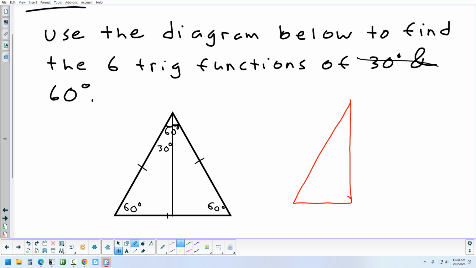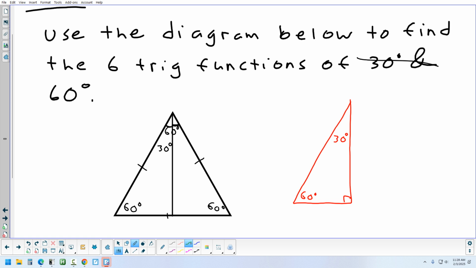What's this triangle missing though? This side. It's missing side lengths. Does it matter how big or small I make the triangle? No, I just need to label the sides correctly. So let's go back to our equilateral and look at this for a second. We should pick a length for the sides in the equilateral, which is the hypotenuse of that 30, 60, 90.